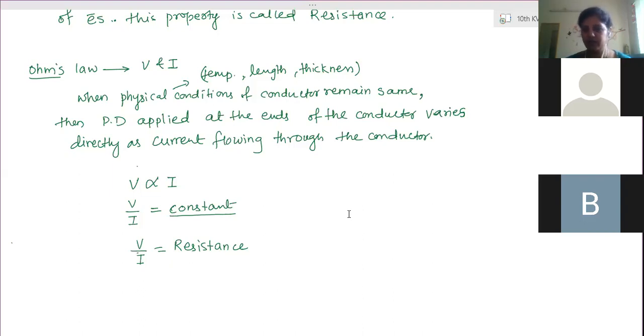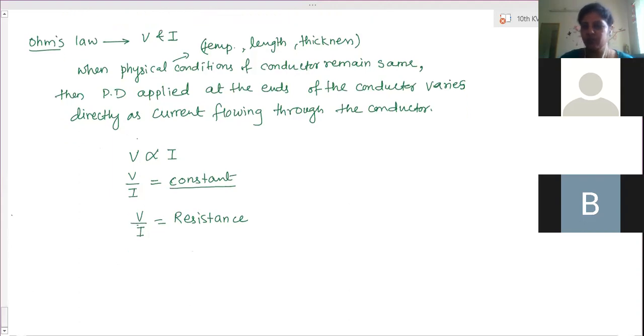Whatever resistance the conductor provides is always equal to the ratio we get when we find the current flowing through the conductor and the potential difference across its ends. So the value of this ratio and the resistance are equal. Therefore, the formula of resistance can be taken as V by I is equal to resistance.